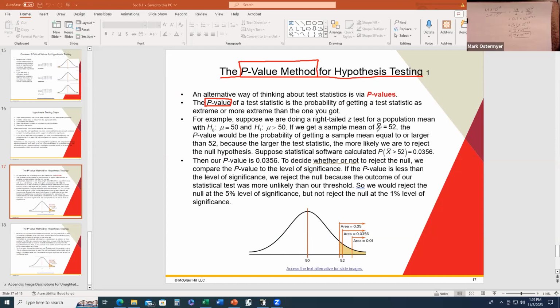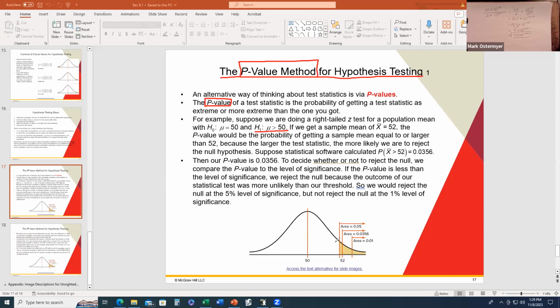Suppose we get a sample mean of 52. The p-value would be the probability of getting a sample mean equal to or larger than 52, because the larger the test statistic value is, the more likely we are to reject the null hypothesis. Kind of makes sense. Because the larger our test statistic value is, the more credence it lends to us wanting to reject the null hypothesis, because this is a one-tailed or upper tail test.